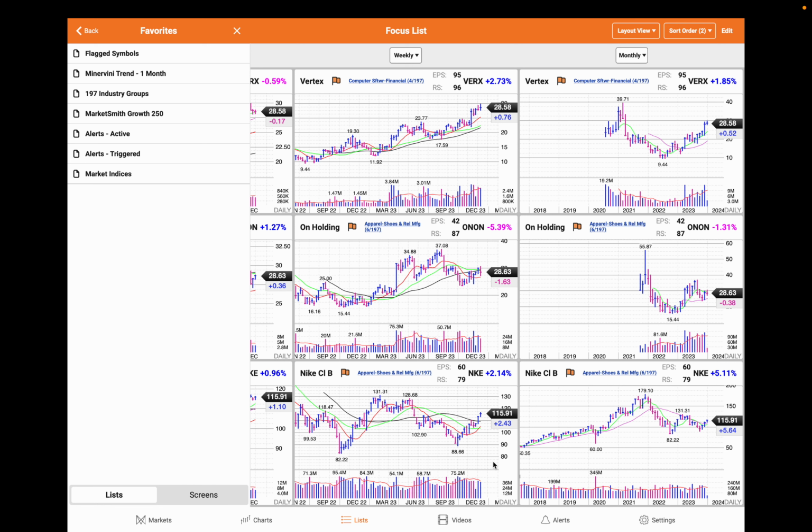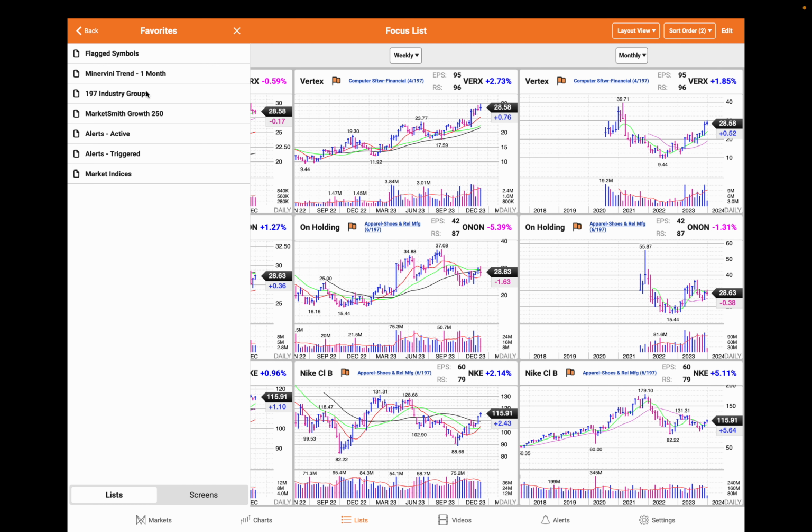Okay, so I'd like to show you how I'm doing the weekend screening. In the market screen on the left-hand side, I have lots of preset screens. Mini trend 1 month captures any names whose 200 DMAs are turning around, for example.